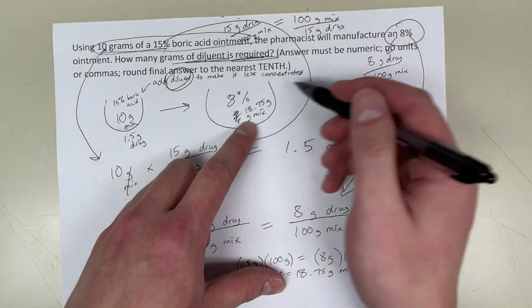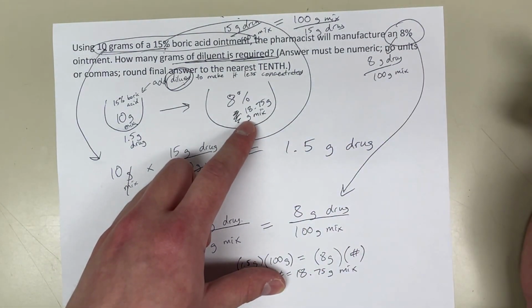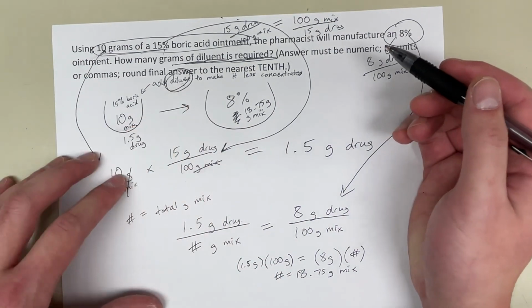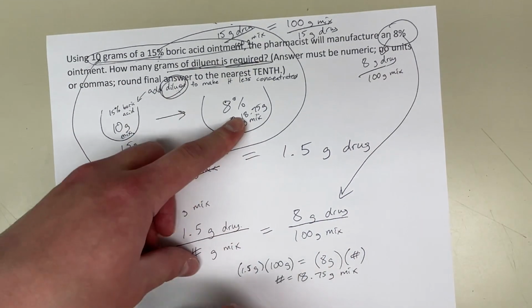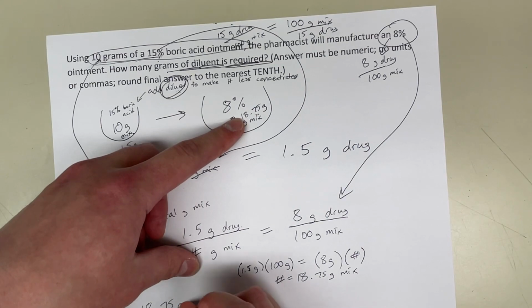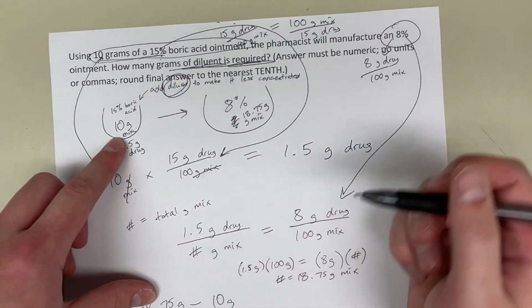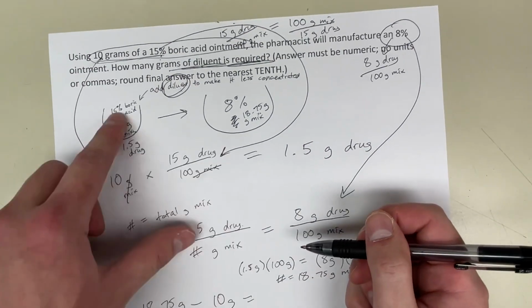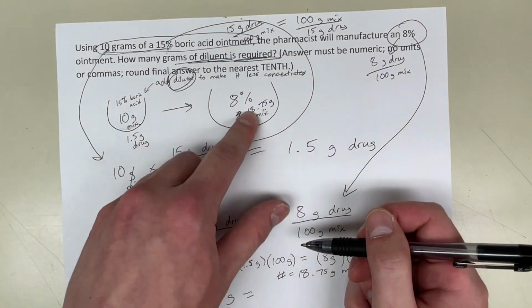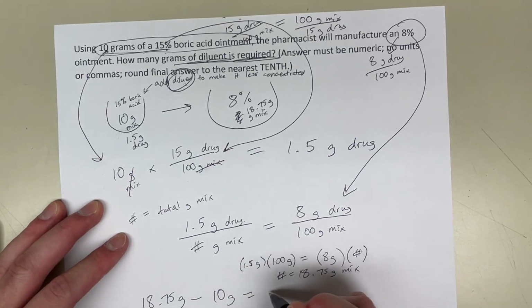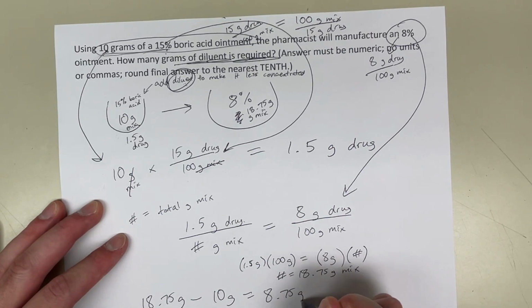It's not asking for the total grams of mixture. It's asking for the amount of diluent. So I'm going to subtract 10 grams from this 18.75 grams of final mixture, and that equals the amount of diluent that was added to make this 10 grams into 18.75 grams. If you do the math here, that's 8.75 grams.